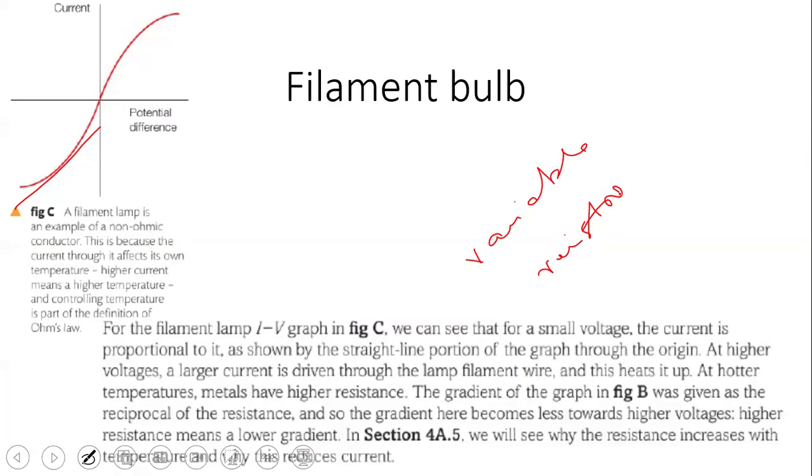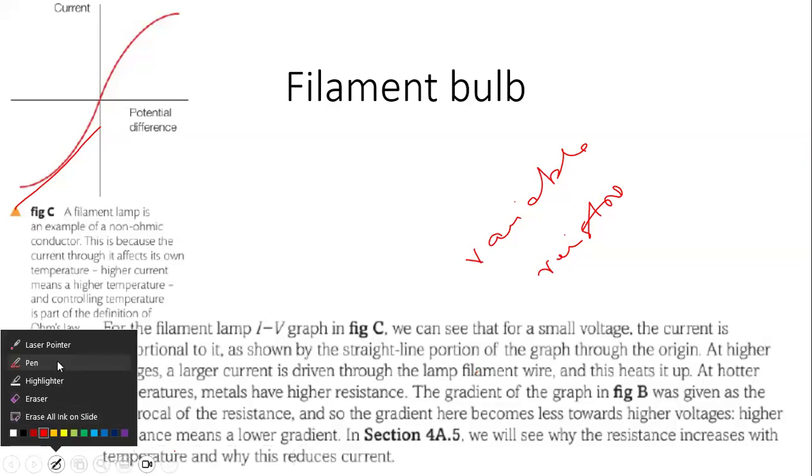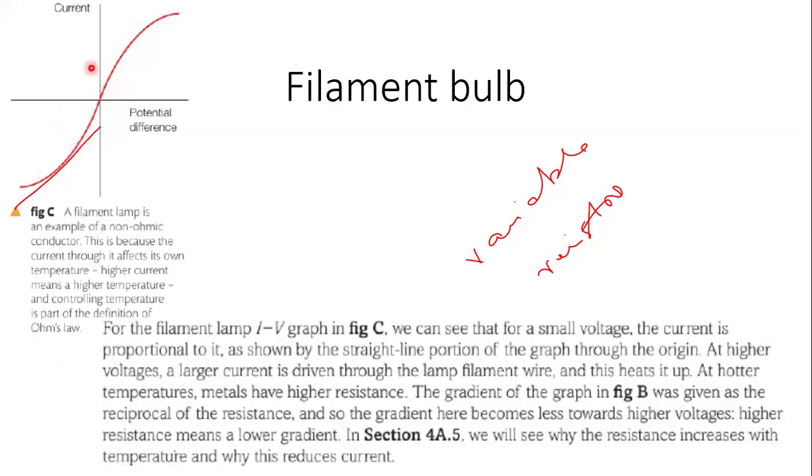Talking about the filament bulb. A filament bulb actually gives you a curve, as you can see, and it does not give you a straight line relationship at all. Why exactly does the filament bulb give you a curve? How does a filament bulb even classify as a variable resistor? Because this is not something whose resistance should be changing, right? It's a bulb.